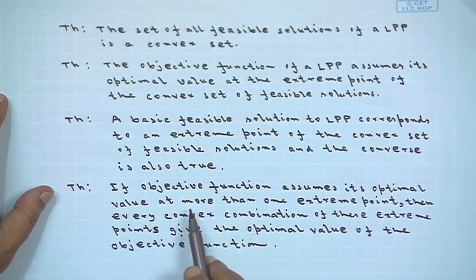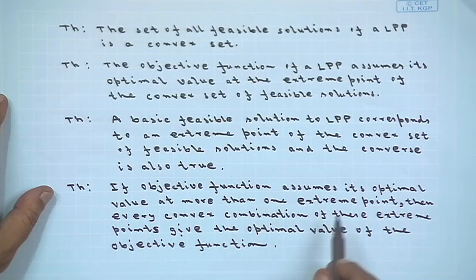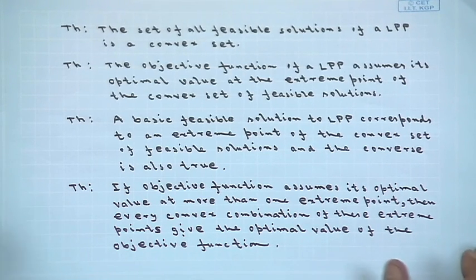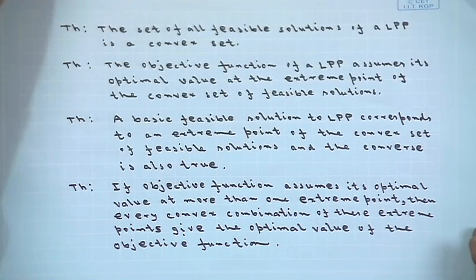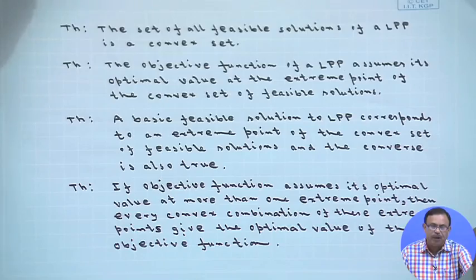The last theorem says if the objective function assumes its optimum value at more than one extreme point, then every convex combination of these extreme points also gives the optimum value of the objective function.